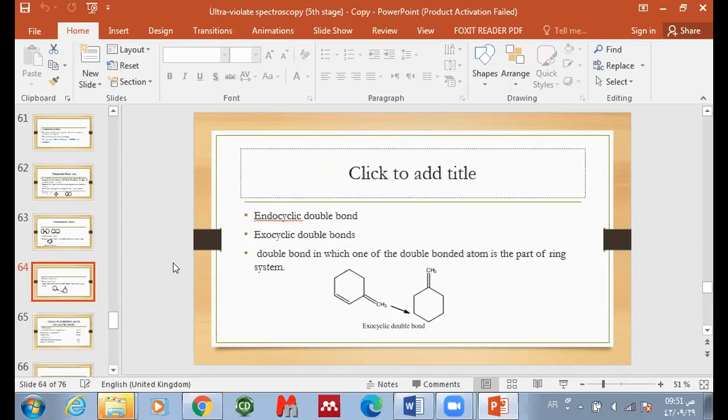And he put two terms, endocyclic and exocyclic. Endocyclic means in Greek within or internal. So endo means within the molecule.